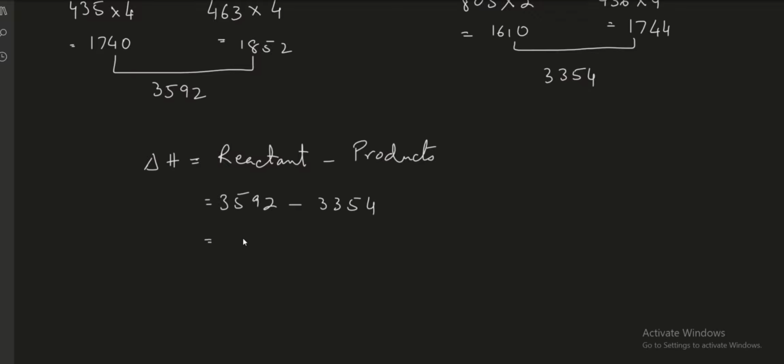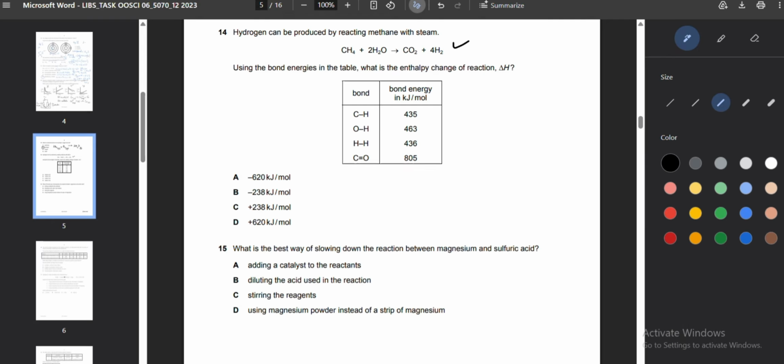Your answer is positive 238 kilojoules per mole. So let's see which is the correct option. Our answer was 238, so that means option C is the correct answer.